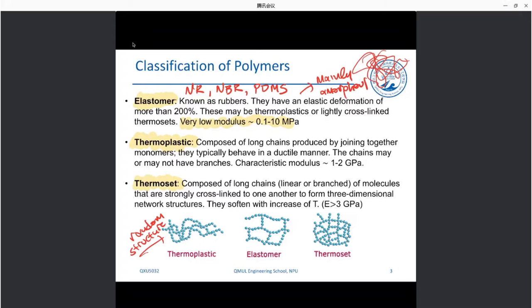Now, besides elastomers, we have thermoplastics, which are very, very interesting, okay? And they display both crystalline and amorphous regions, okay? So we have both. I forgot to mention that elastomers, because they are mainly amorphous, they don't have a melting point. They have only glass transition.